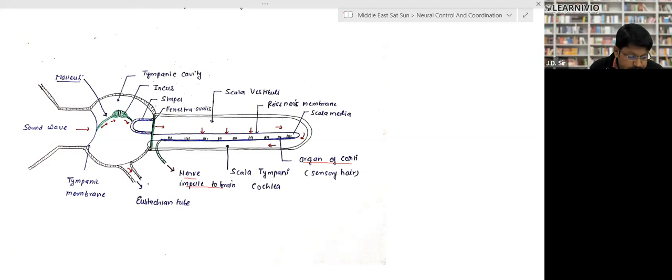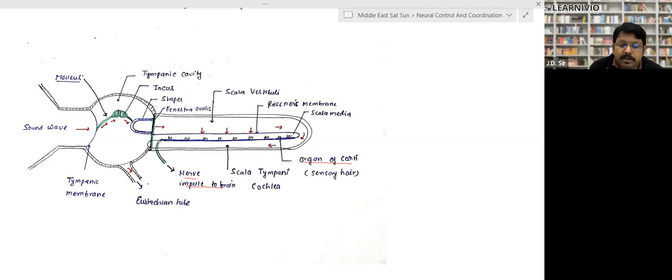Full stop. The stapes fits into the fenestra ovalis. Full stop.